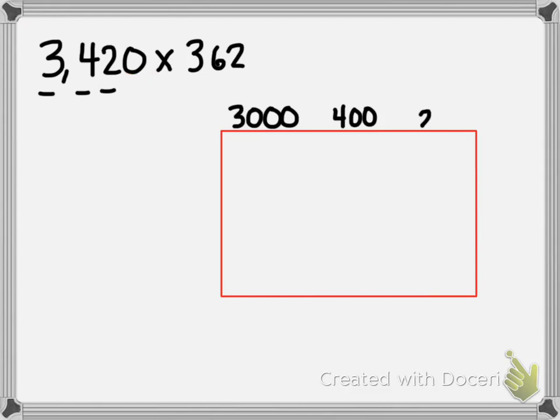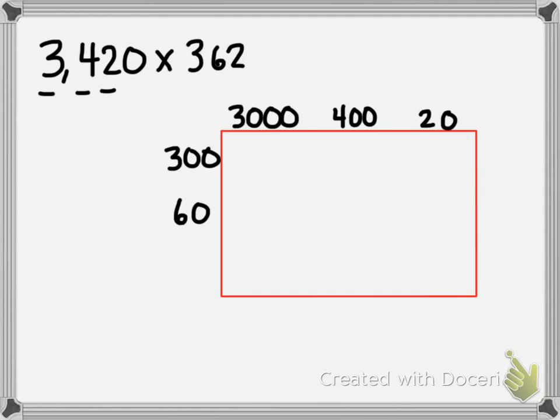Now it's 0 ones. I don't have to put my ones in there. If it was 8 ones, I put an 8 at the end, but there's no ones. Okay, so the side is 362. So again, I'm putting 362 in expanded form. I have 300. I have 60.